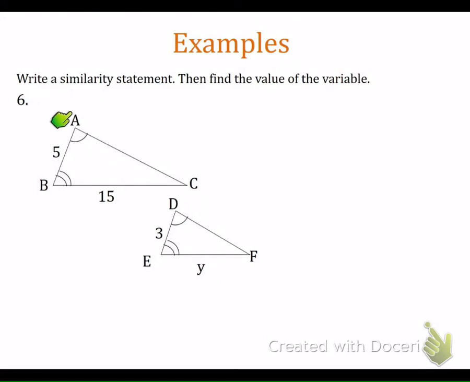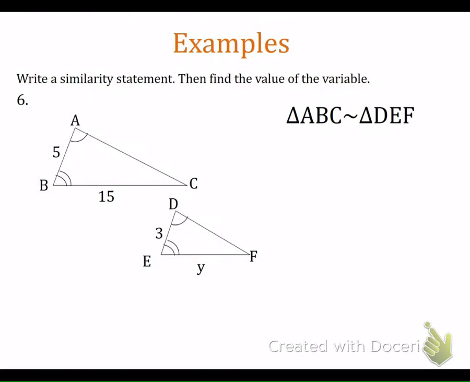Triangle ABC, DEF. Good. Again, not the only way, probably the easiest way. Just go in order, A, B, C, D, E, F. As long as the A and the D are in the same spot, the B and the E are in the same spot, and the C and the F are in the same spot, you are good. Squiggle, no equal sign.